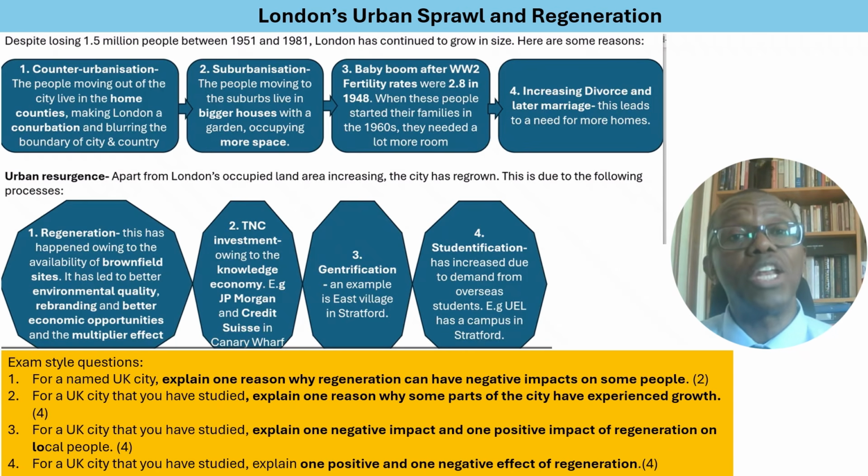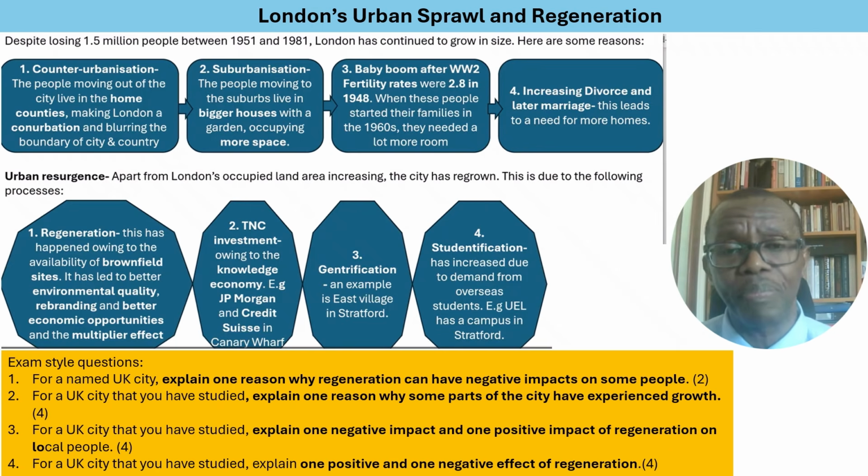This is high value, expensive accommodation that attracts wealthier people to live in the area, which then leads to gentrification. So you have attracted wealthier people into the area, and in so doing, they are going to be spending their income in that particular area, creating that positive multiplier effect.